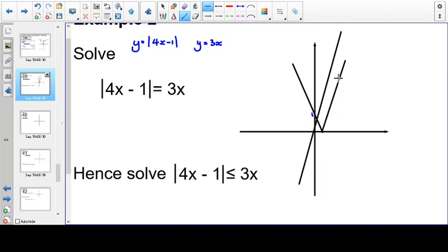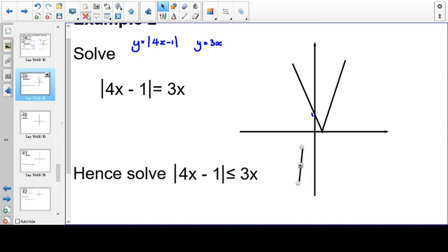Well, the way I've drawn it, these are pretty parallel. Okay, so you might only think you've got one solution, whereas that line should have, perhaps I'll just get rid of it, start again. That line should have a shallower gradient than that line.